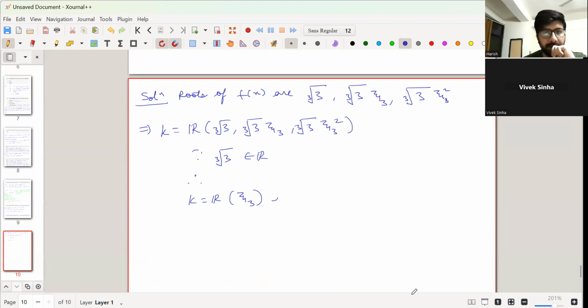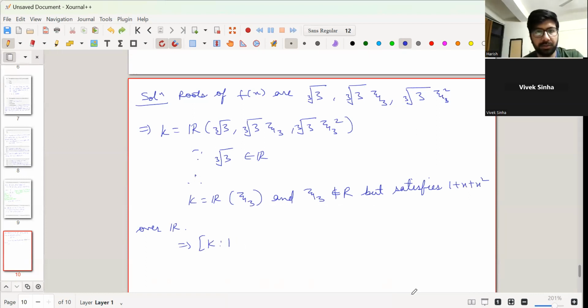And zeta 3 is not inside R but satisfies 1 plus x plus x square over R. This implies the degree of K over R is the same as the degree of R(zeta 3) over R, which is just 2.